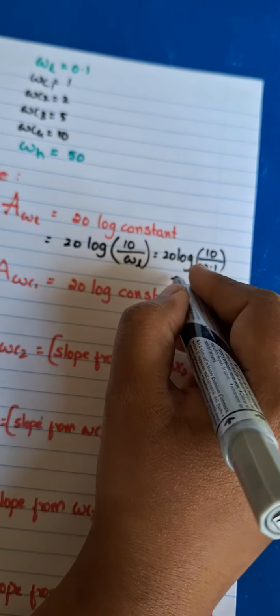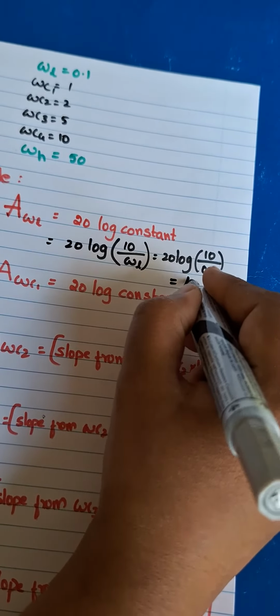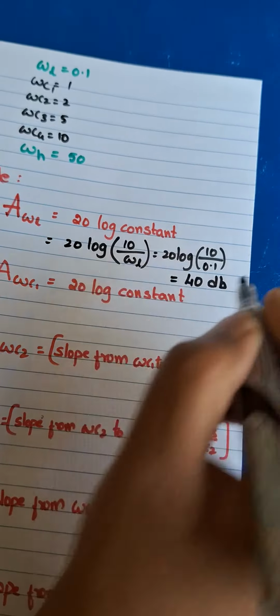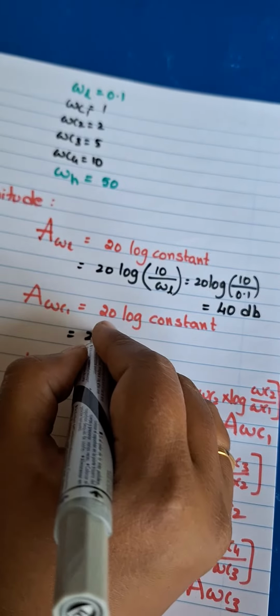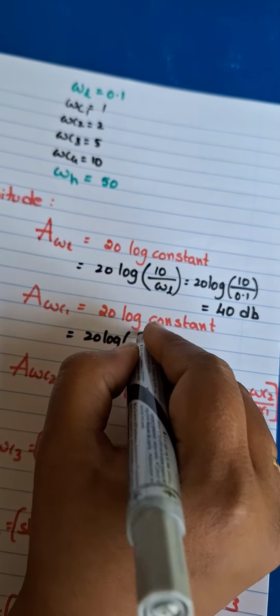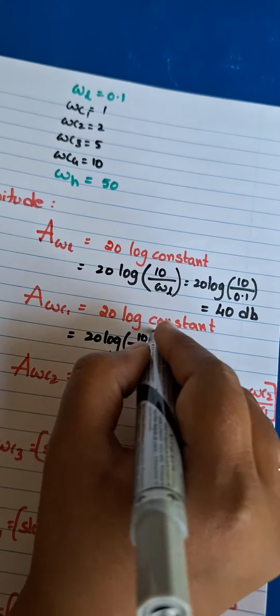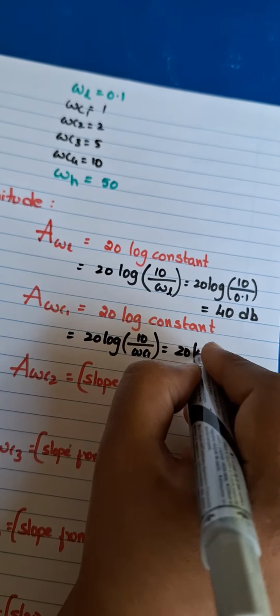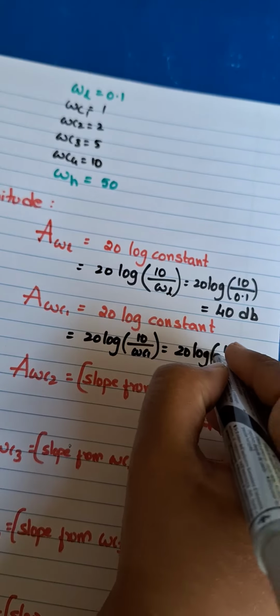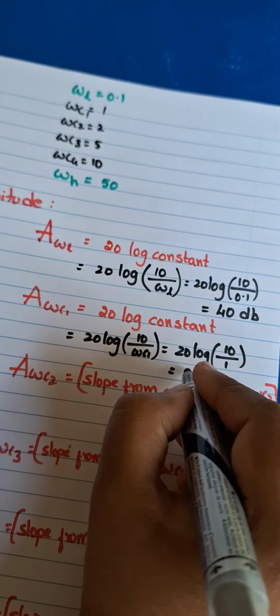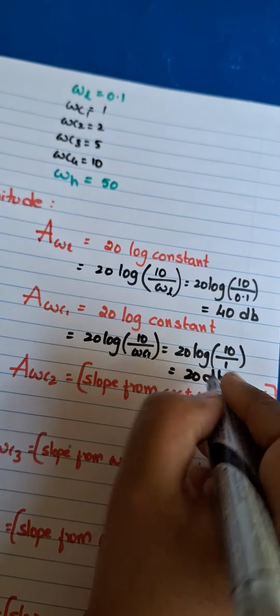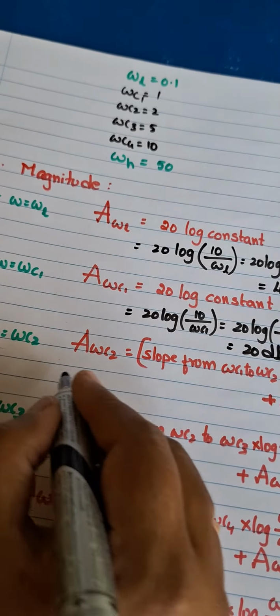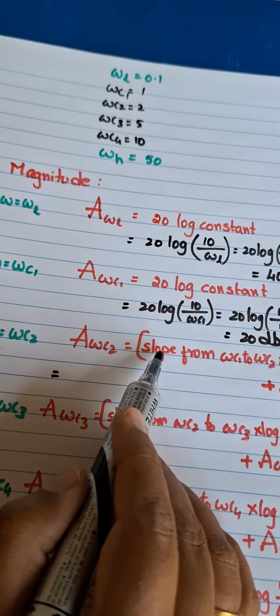If you calculate this, you are going to get 40 decibels. In the same way, for this one, 20 log constant. Constant means 10 by omega C1, which is equal to 20 log of 10 by 1, which is equal to 20 decibels.